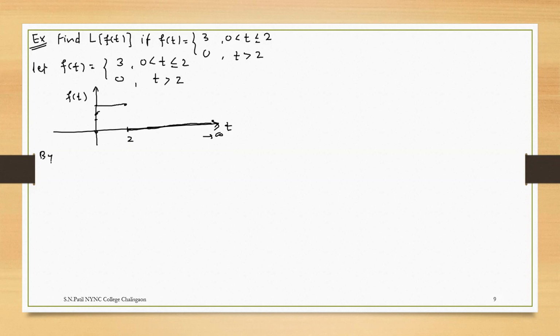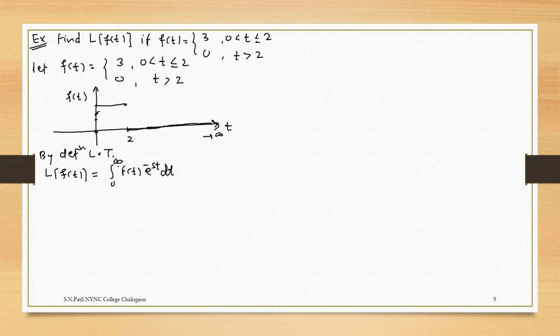Now by the definition of Laplace transform, the Laplace of f of t is equal to the integral from 0 to infinity of f of t e raised to minus st with respect to t.